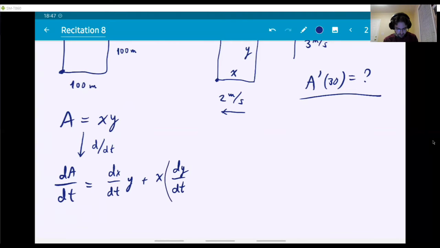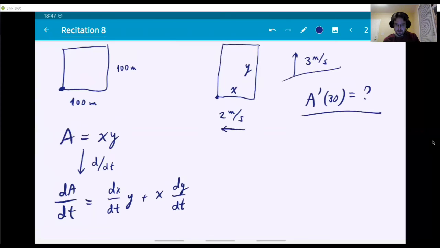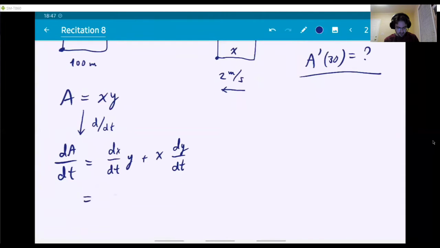You also know dy/dt and dx/dt, by the way, because the problem said the height is increasing at a constant rate of 3 and the base is decreasing at a constant rate of 2. So we can go ahead and plug those in here. dx/dt is actually minus 2 because it's decreasing, and dy/dt is plus 3.